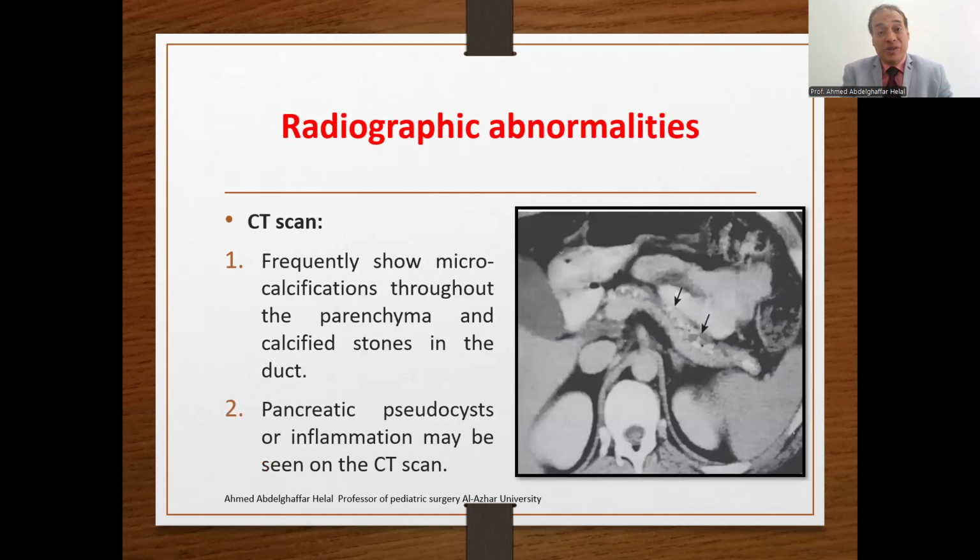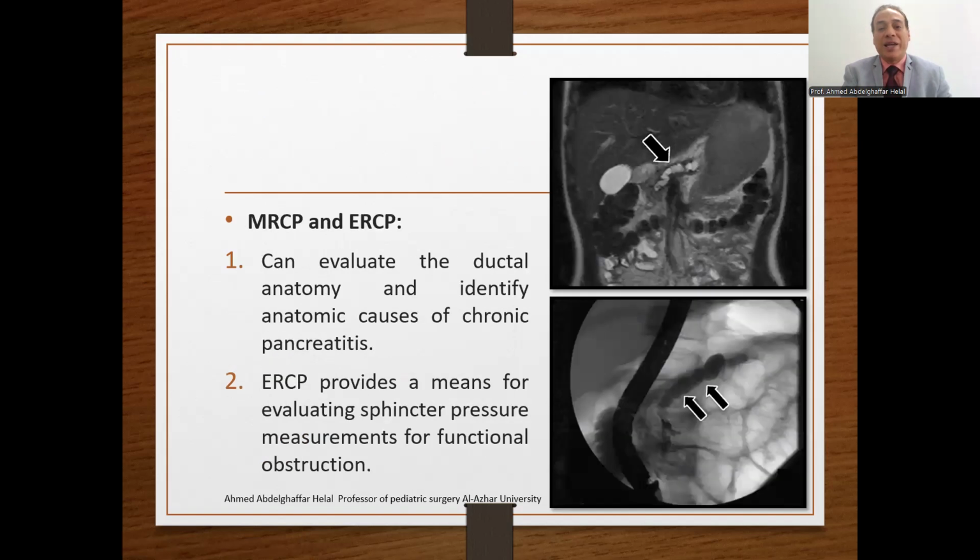Radiological abnormalities: the CT scan will show, like here, microcalcifications in the duct of the pancreas. A dilated obstructed duct is also an obvious finding in some cases of chronic pancreatitis, like here, this MRCP and ERCP showing dilated and obstructed pancreatic duct.